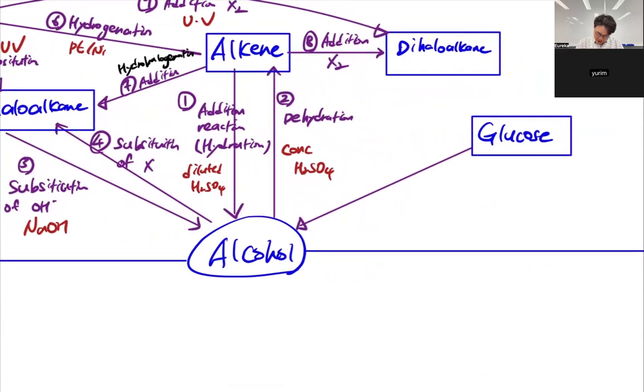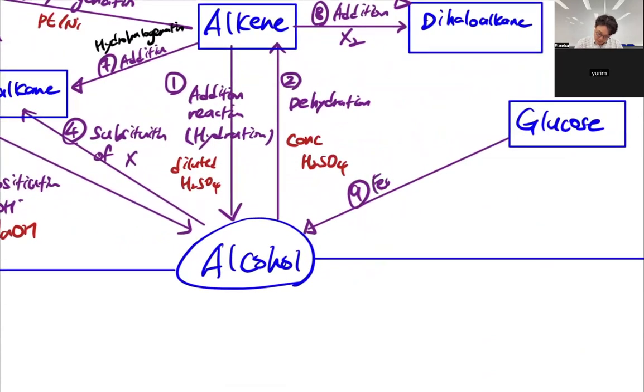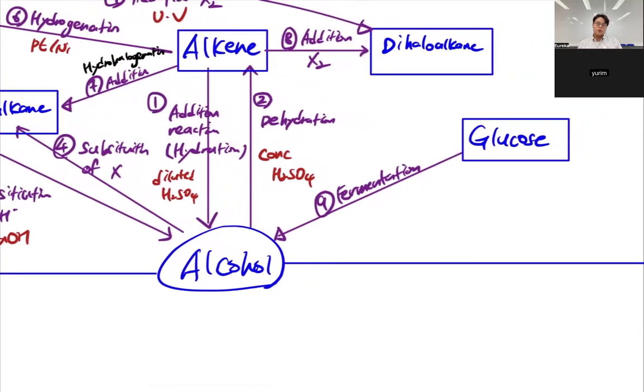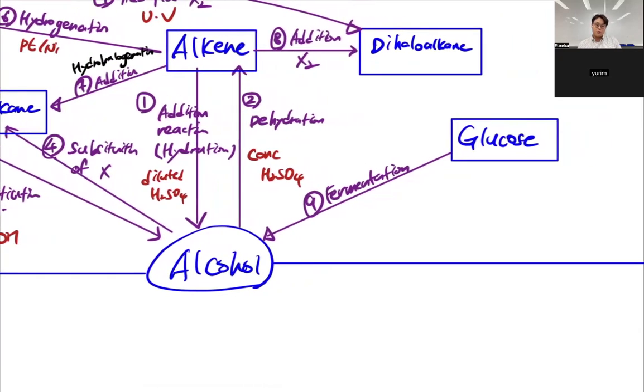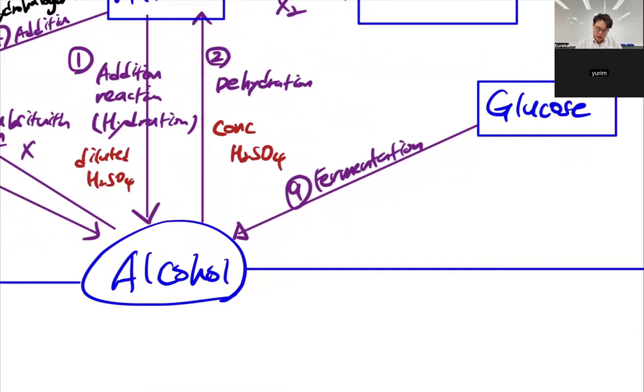Fermentation. This is actually known as fermentation. So what do we do for the fermentation process? It's important to know what's involved, and you can refer to your Year 10 book too.